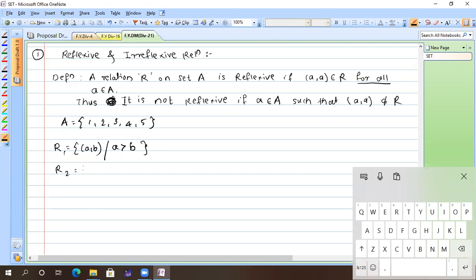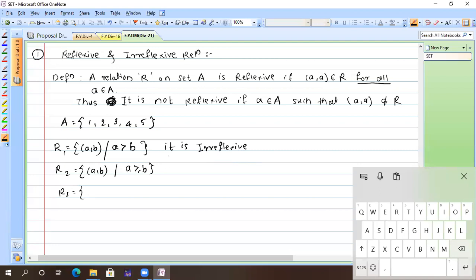Why? Because if a is greater than b, then b cannot be equal to a. So R1 is reflexive, yes or no? It is irreflexive. It is not reflexive, it is irreflexive. Am I correct?